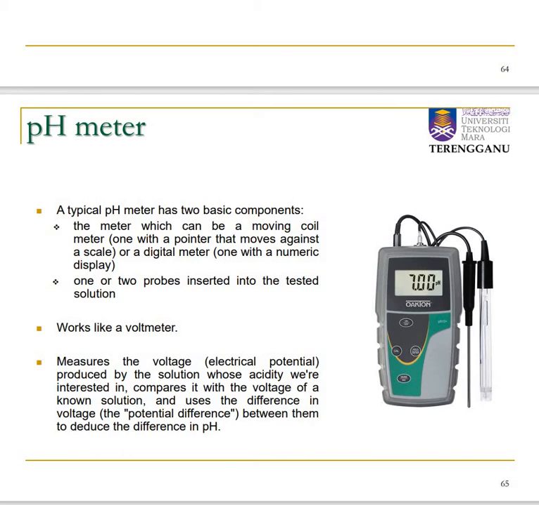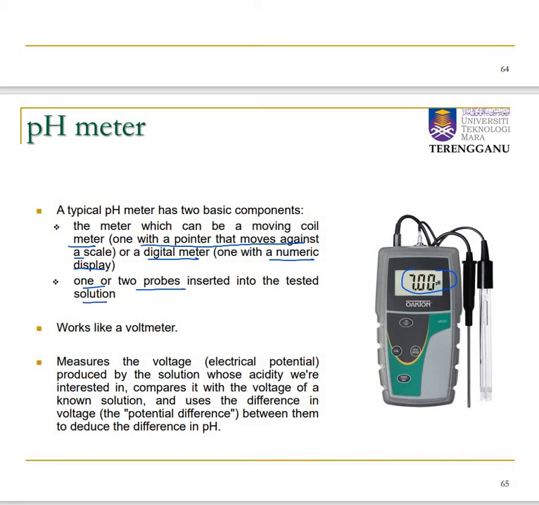This pH meter has two basic components. The first is the meter here, which can be a moving coil meter, one with a pointer that moves against a scale, or a digital meter with a numeric display. The other basic component is one or two probes inserted into the tested solution.